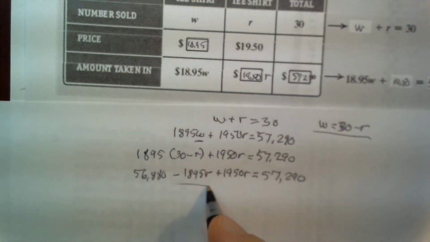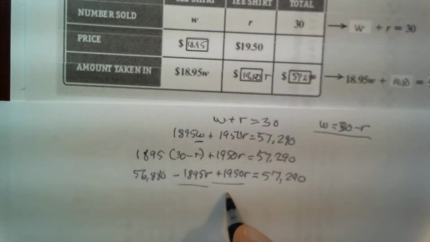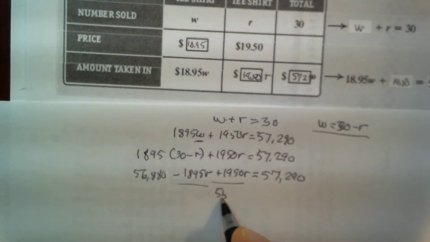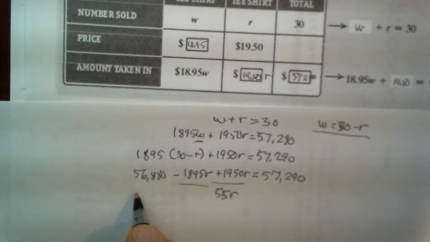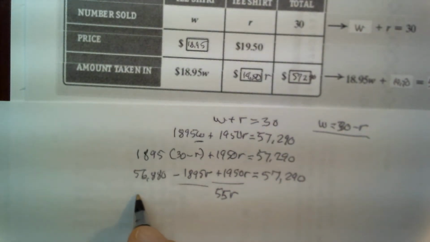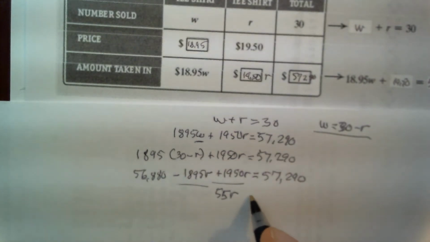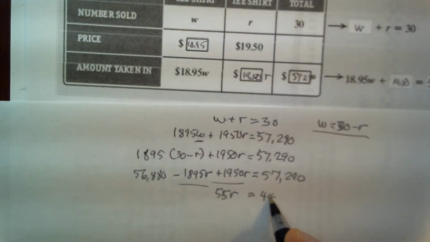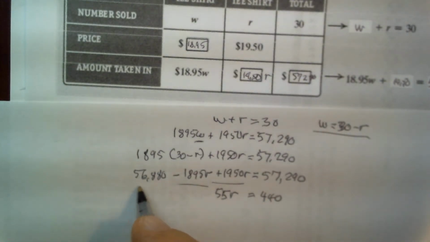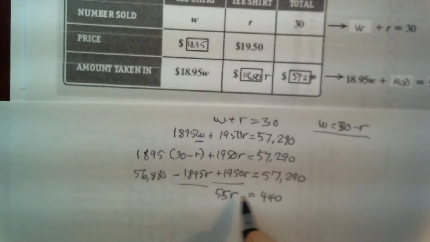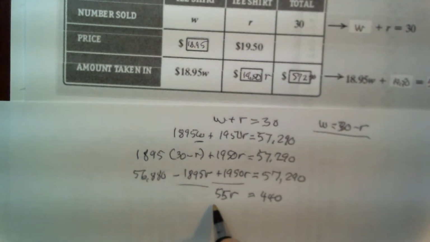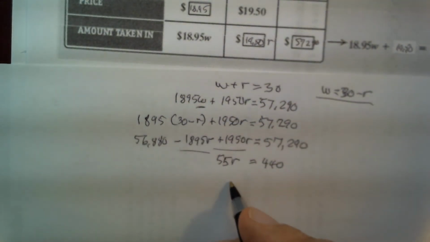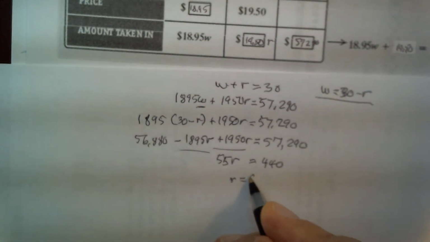Now we combine the terms of the R, and that gives us 55R. Then we subtract 56,880 from both sides, so on the right side we only have 440. Then we divide both sides by 55, and that means R equals 8.